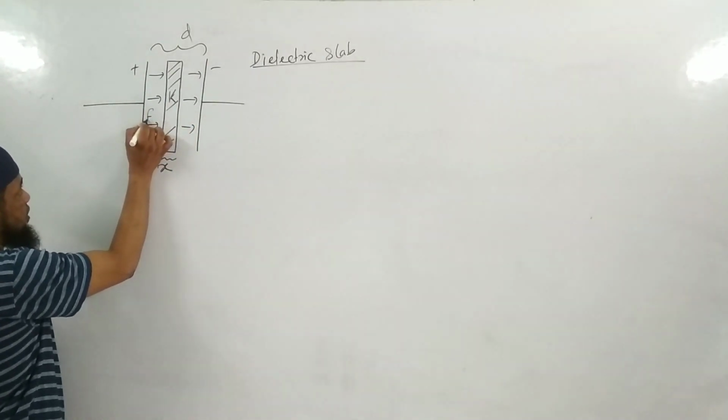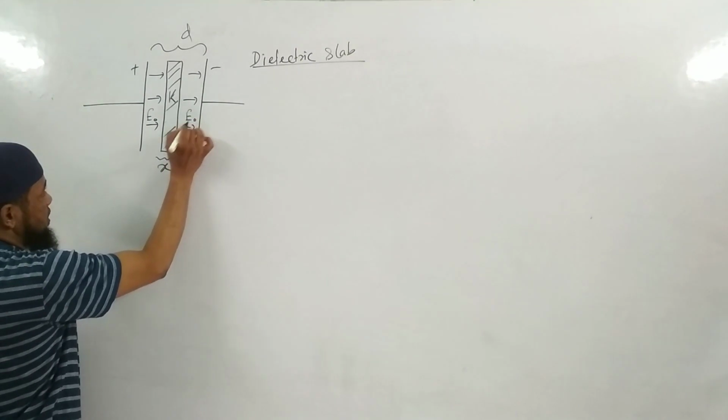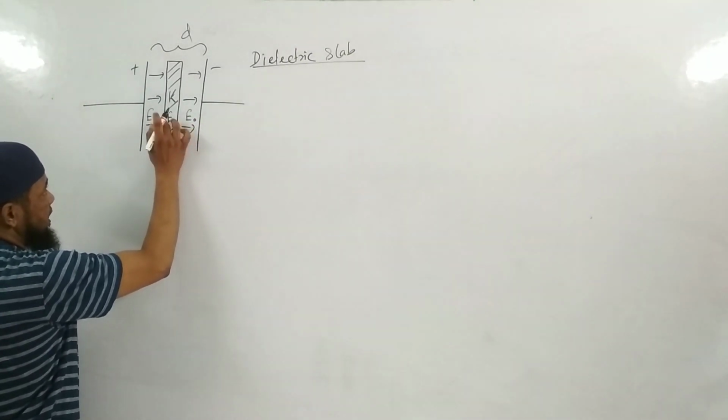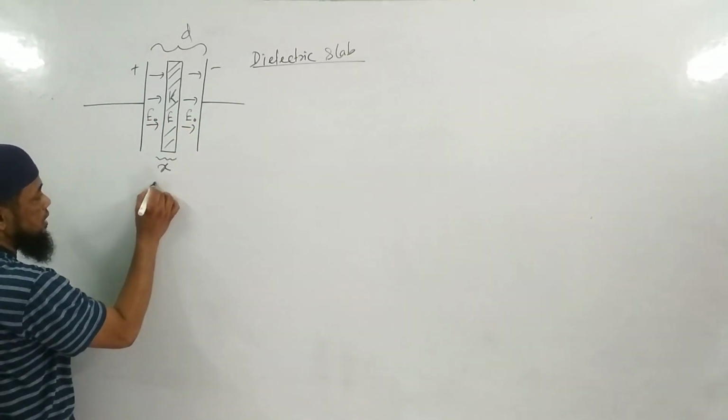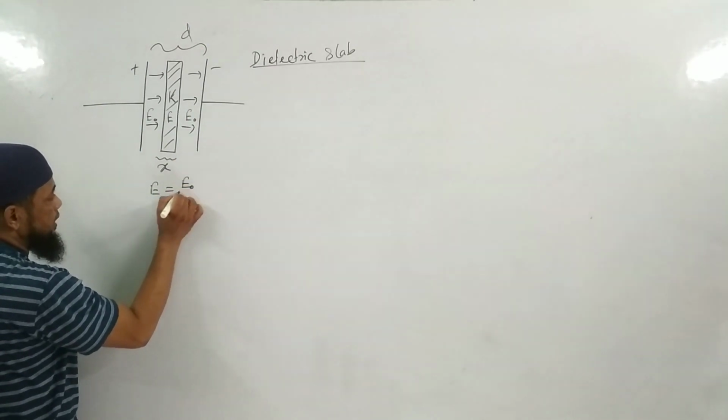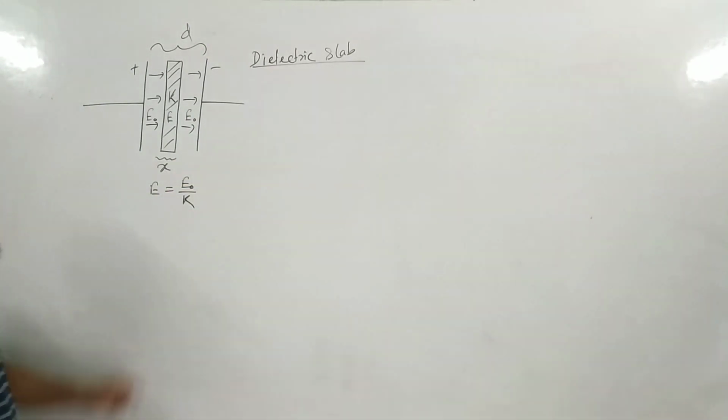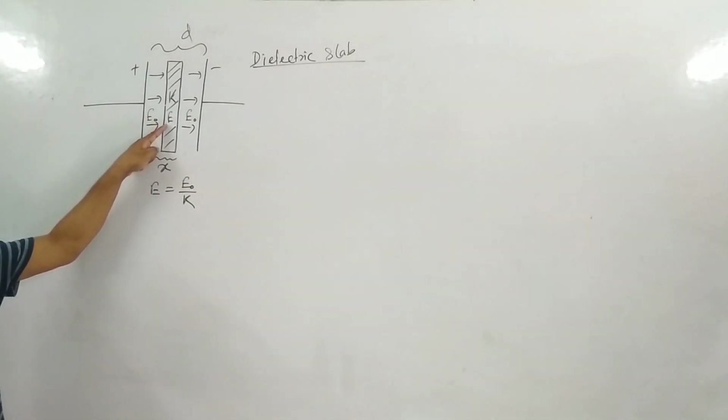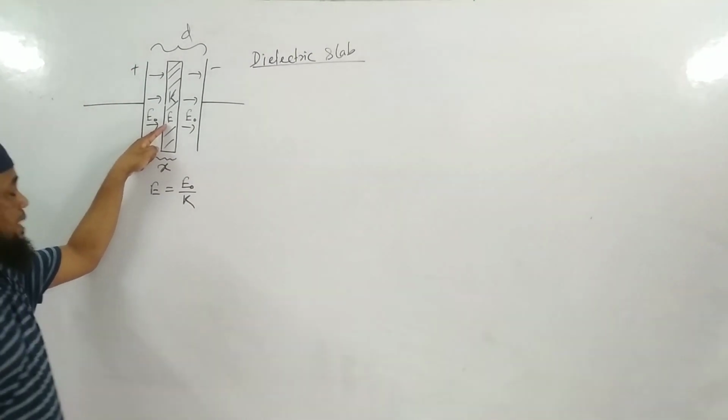So here electric field is E naught. Here electric field is E, and E is what? E naught by K, because here the dielectric constant is K. So in this region electric field gets reduced by K times.